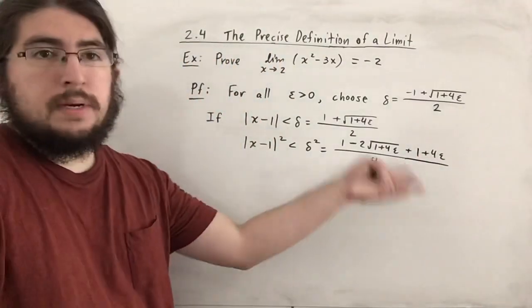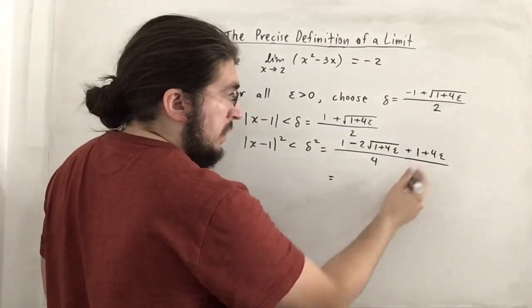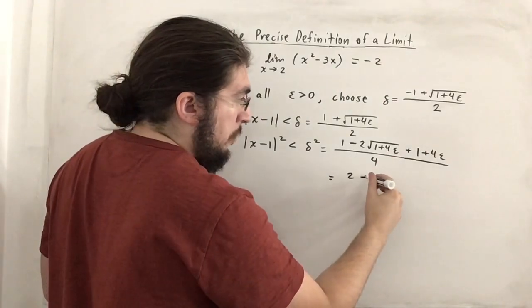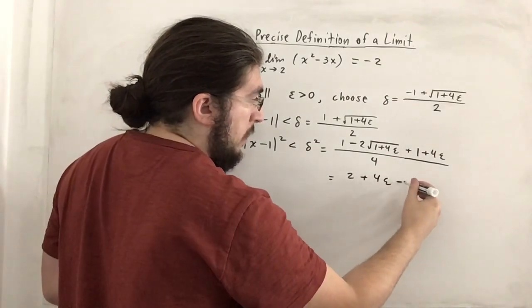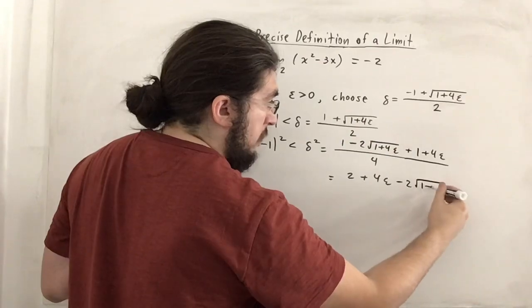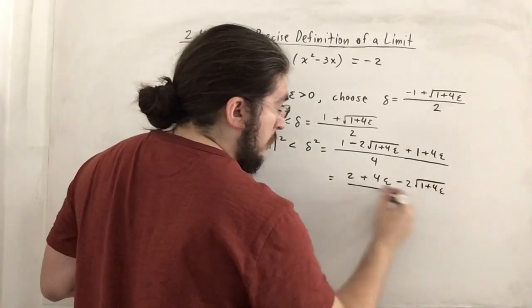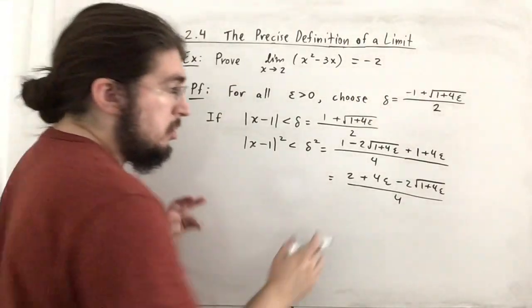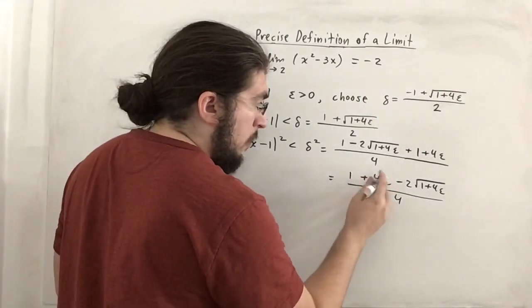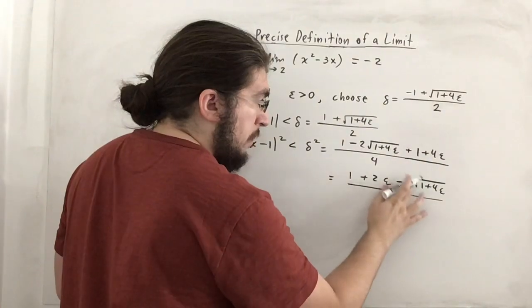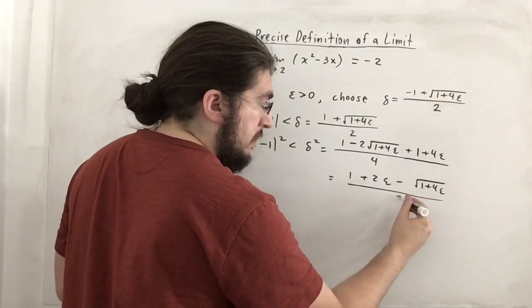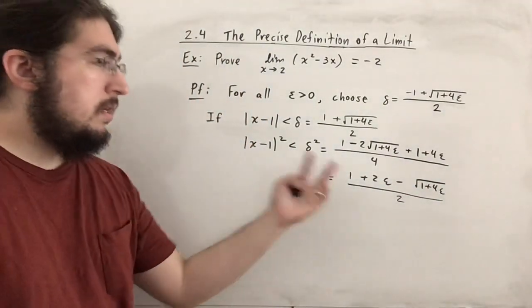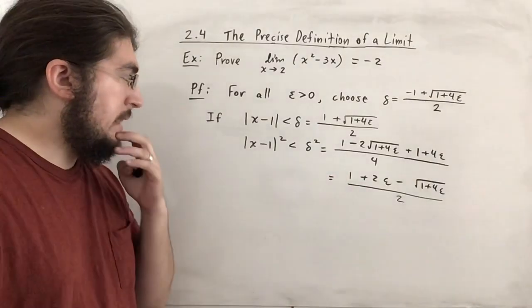Now if you actually manipulate this a little bit, what this ends up combining to is 2 plus 4 epsilon minus 2 times that radical, all over 4. Now since the top and bottom are both even, we can divide by 2, and basically that'll become a 1, and this will become a 2, that'll become a 1 times that radical, and then dividing the 4 by 2 gives that 2. So it actually combines into this.